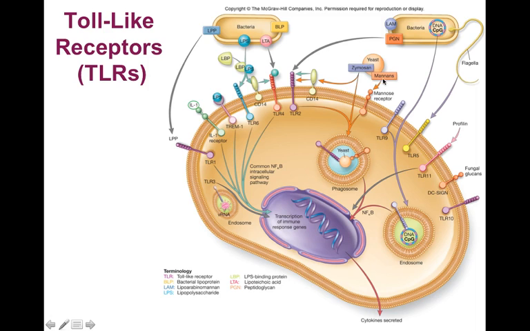There are even some that respond to yeast that can have effects on changing types of cytokines that are released, which is kind of neat. But the ones that I told you about were TLR4, which can recognize and respond to LPS, and TLR2, which can respond to peptidoglycan on gram-positive bacteria.